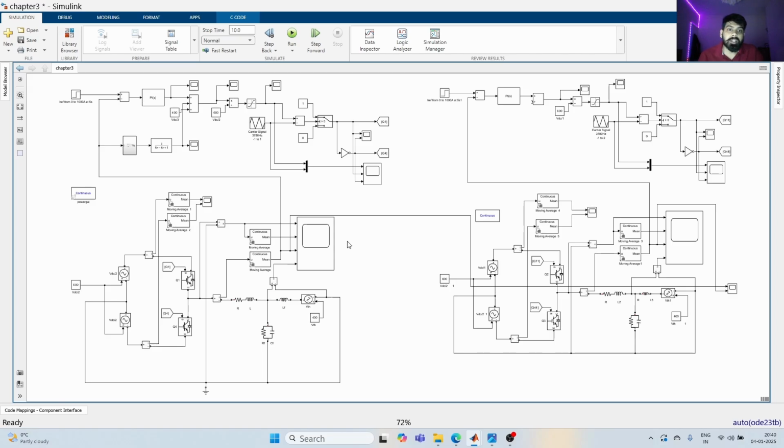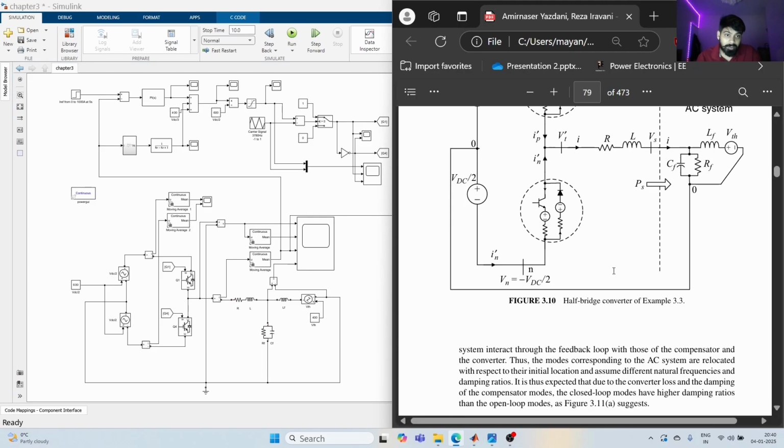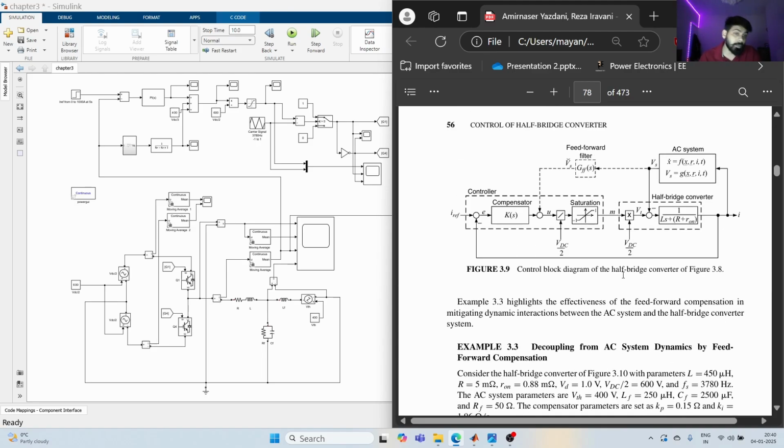So what we saw today was another advantage of using the feed forward compensation, which was decoupling the dynamics of the converter and the AC system, right? If we have all the information and the characteristics of the AC system, we can feed that. That's why, from an industry point of view, we have the short circuit levels of the AC grid. We have the minimum, maximum, the extreme minimum short circuit levels of the grid.